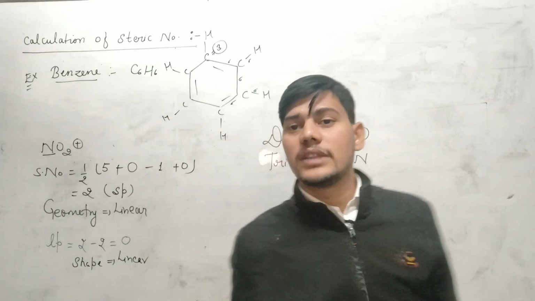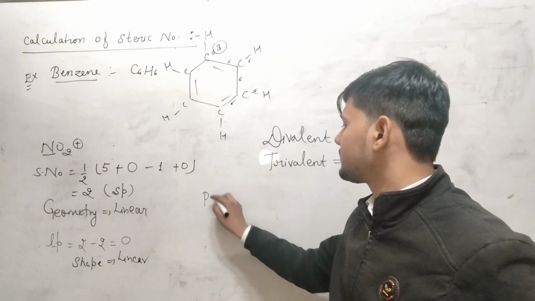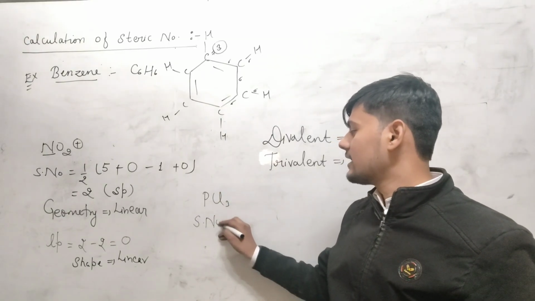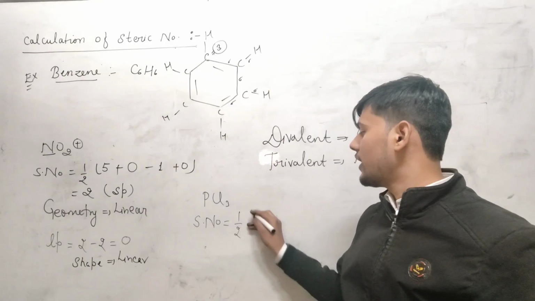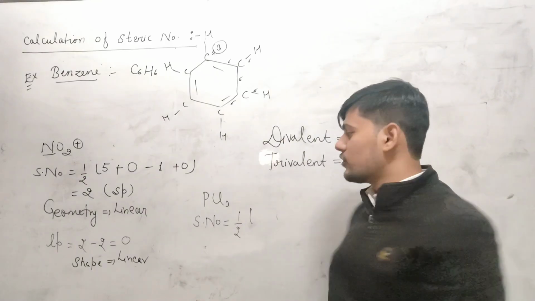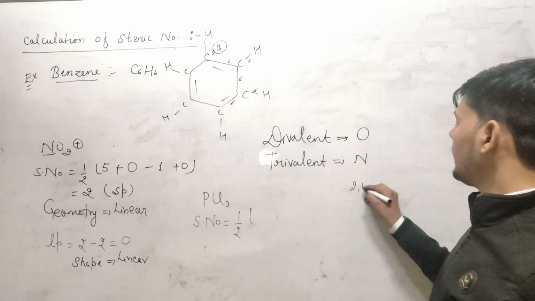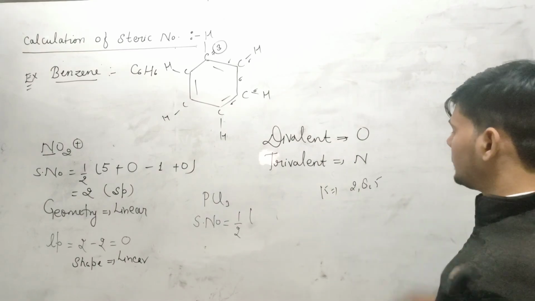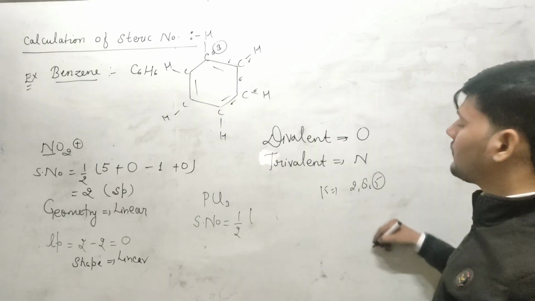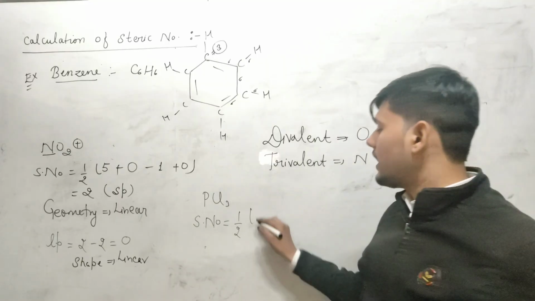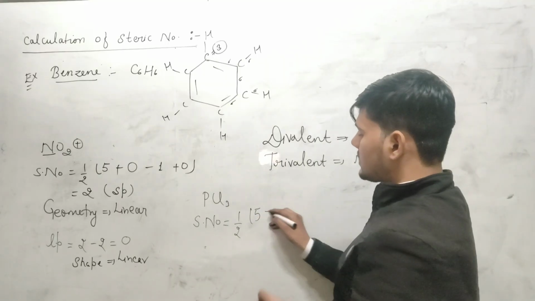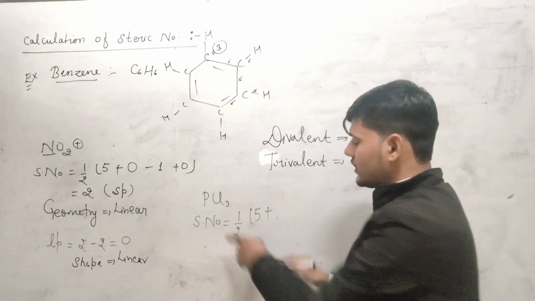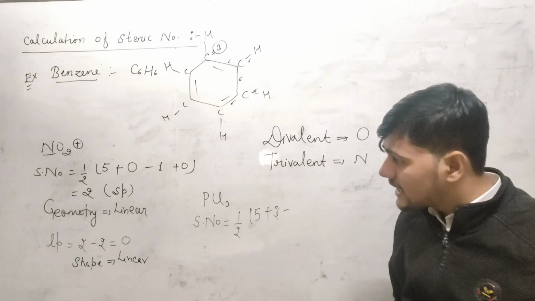If we talk about the example PCl3, the steric number will be calculated by the second method. Steric number is equal to 1 by 2 times the number of valence electrons. Phosphorus is 2, 8, 5 because it is a 15 atomic number element, so there are 5 valence electrons. So 5 plus the number of monovalent atoms. The number of monovalent atoms is 3, so 3 minus, is there any cationic charge?